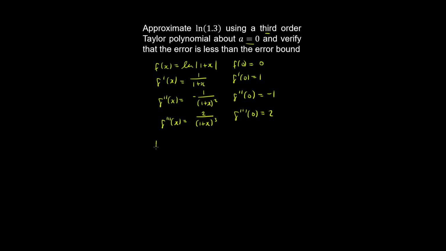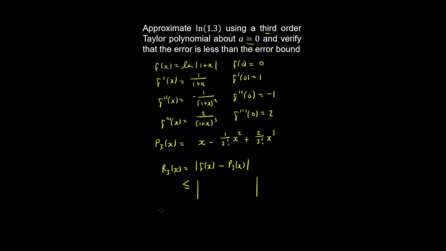And now we can write our third order Taylor polynomial approximation. And now to find the error, which is the remainder, that's the difference between a function and a polynomial approximation. And that must be less than or equal to the error bound.